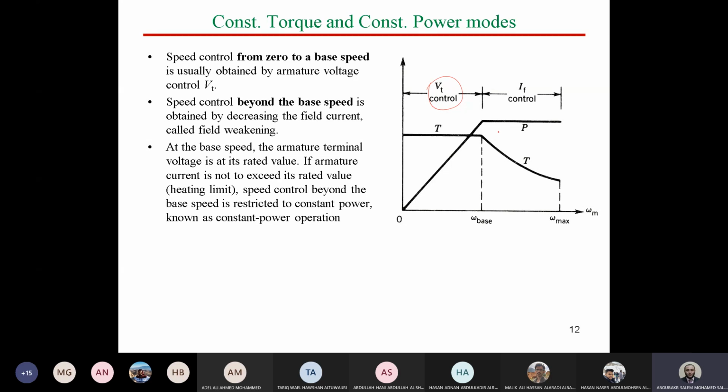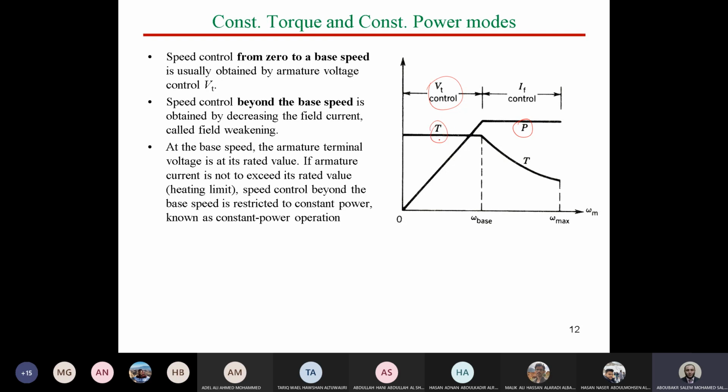This is like field weakening in induction motor, what we have discussed in induction motor, it's called field weakening. So this is the field weakening region here in DC motors. So for field weakening, if we reduce the field too much, we can operate the machine in constant power mode.